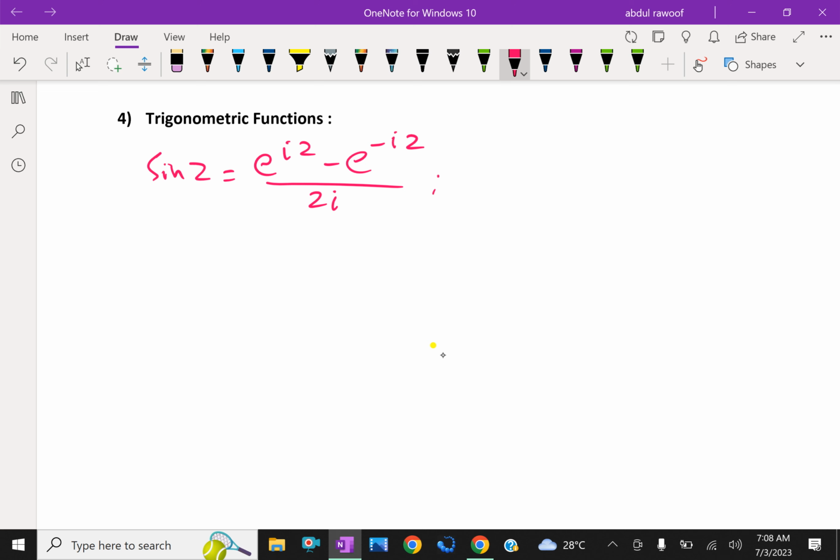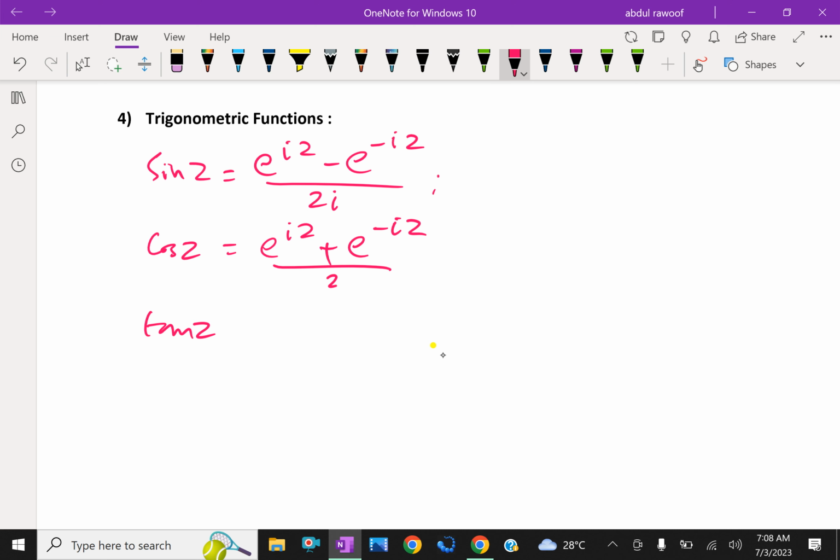Then cos z is e power iz plus e power minus iz over 2.